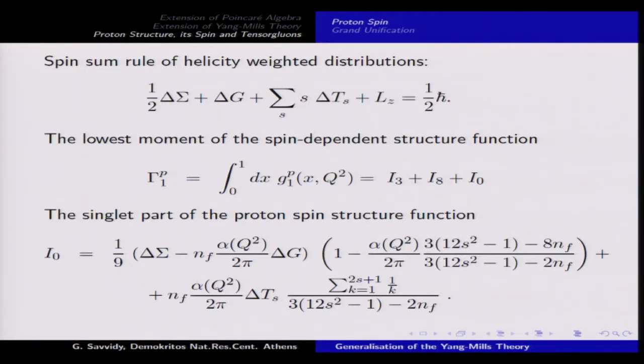And it also depends on the density of gluons, which is an important question: what is the density of polarized gluons inside the proton? And you see that there are additional terms associated with the polarization of the tensor gluons.